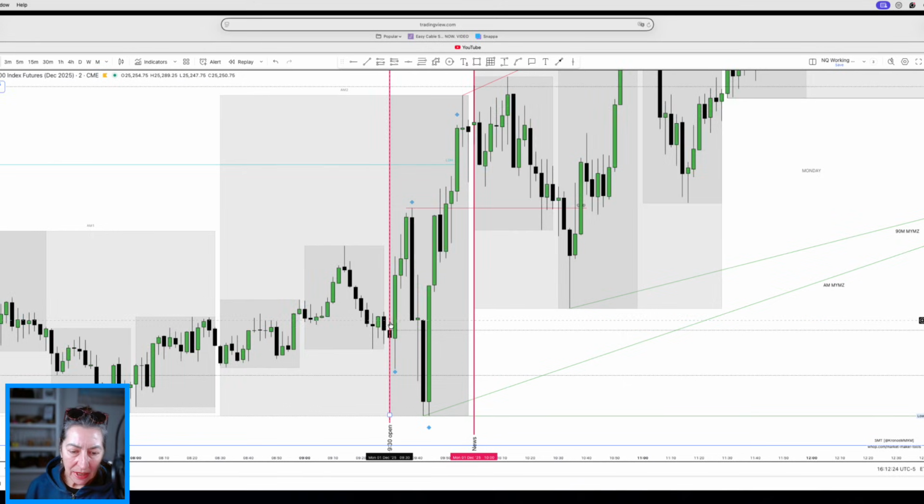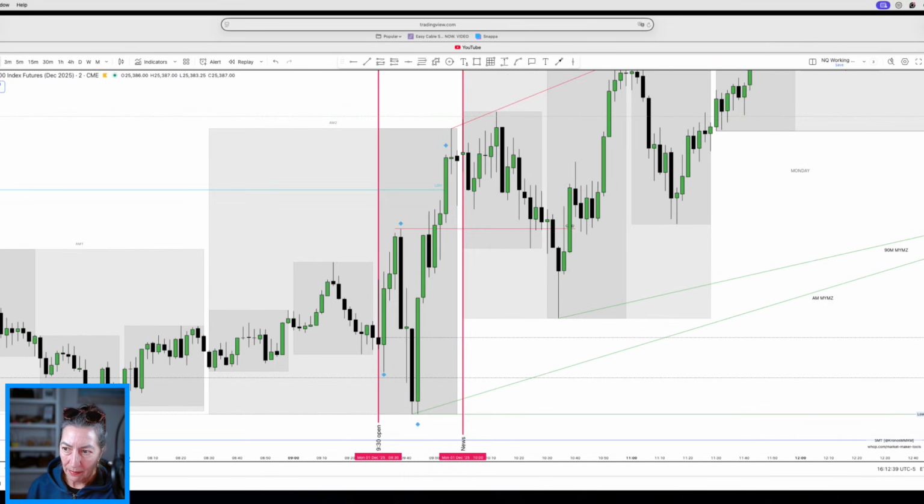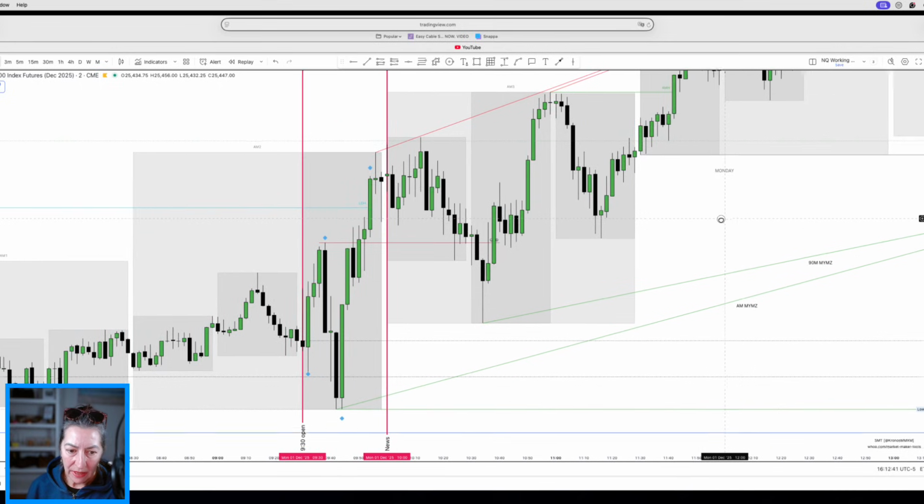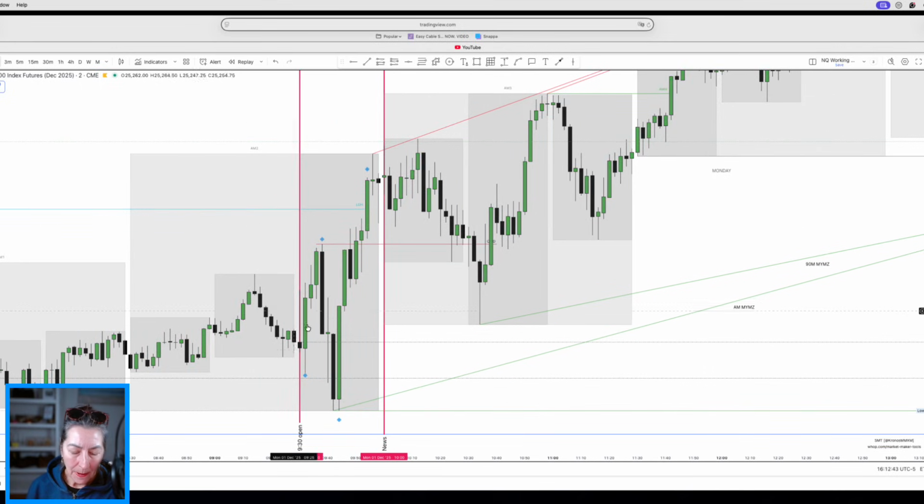So immediately when we see this, we have a low, a high, and a lower low, we're looking for an SMT. I don't think I got an SMT, but there is a daily SMT on the lower time frame. So that was what indicated to me that price wanted to go higher.